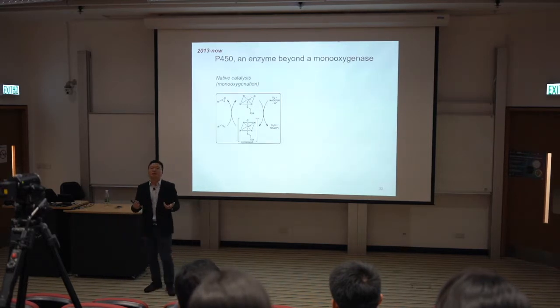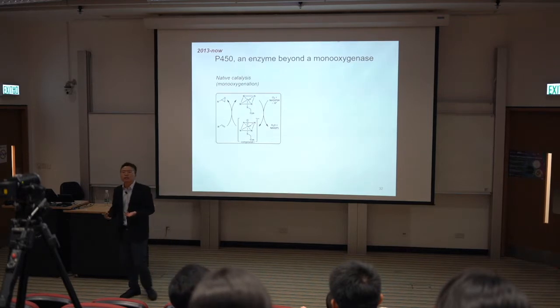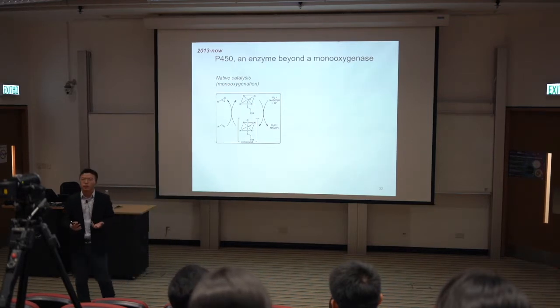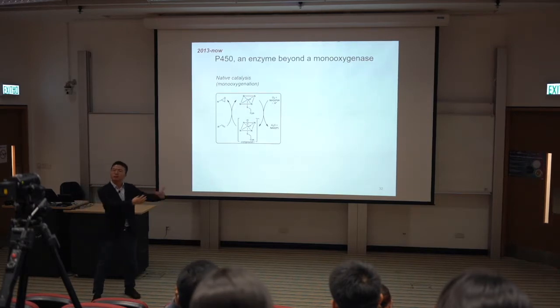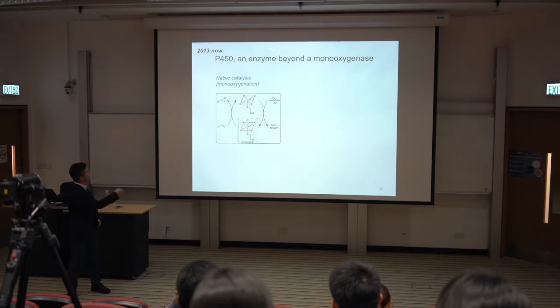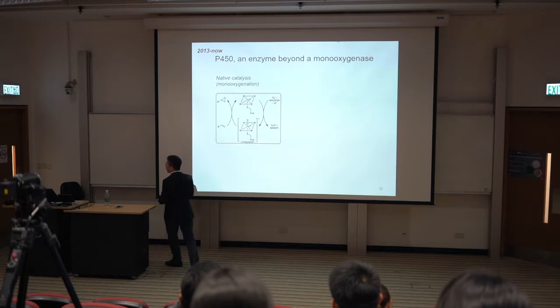Because these reactions are widely used in synthetic chemistry labs, and people are looking for catalysts that can do this type of reaction. Can we simply replace oxygen here with carbene or nitrene? Then, following a similar catalytic cycle, we can convert this enzyme into a new catalyst for completely different unnatural reactions.